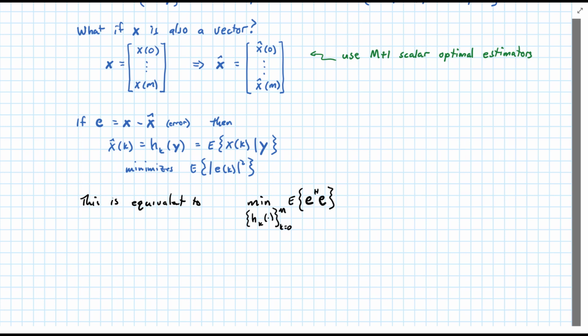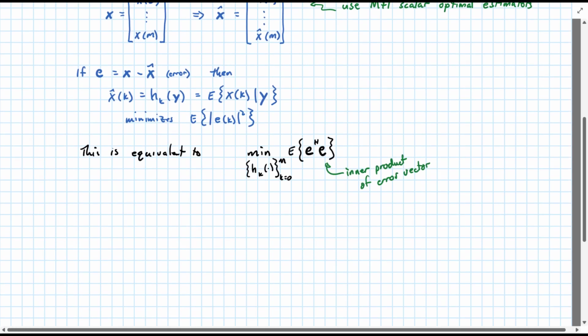Well, that's going to be an inner product, of course, of the error vector and it'll give us the L2 norm of that error vector.